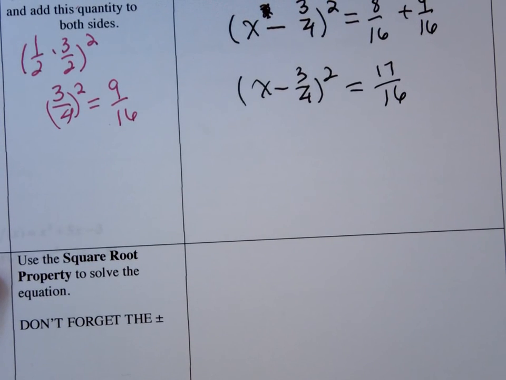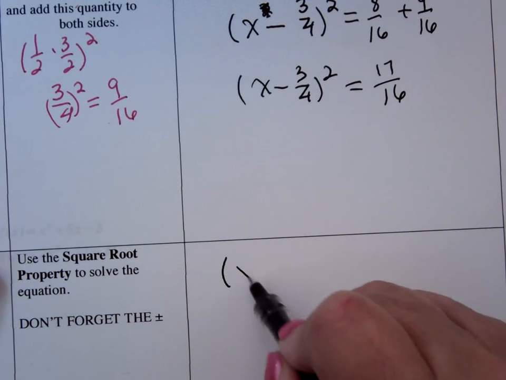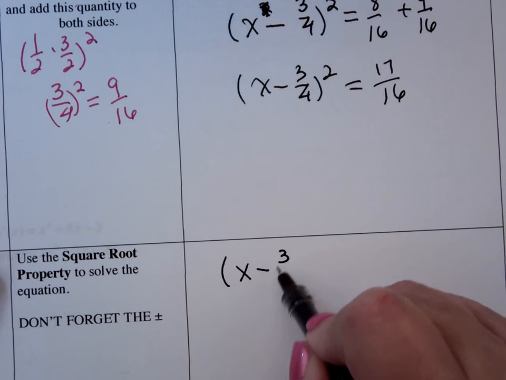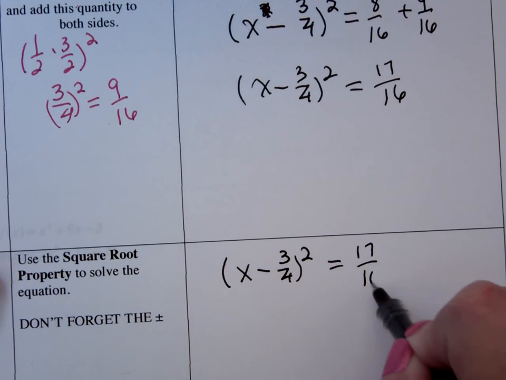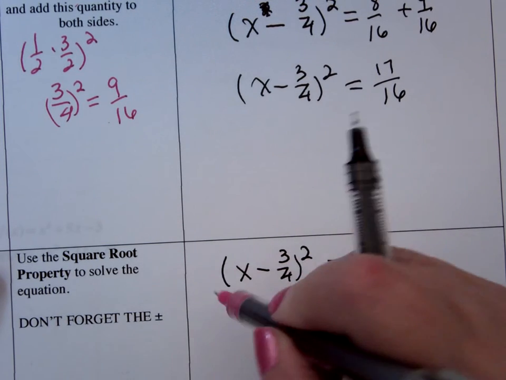Now the next step is I take what I just got in the previous step and then I use the square root property.